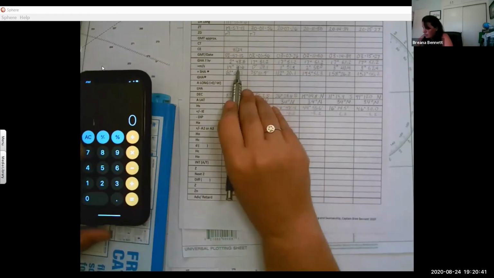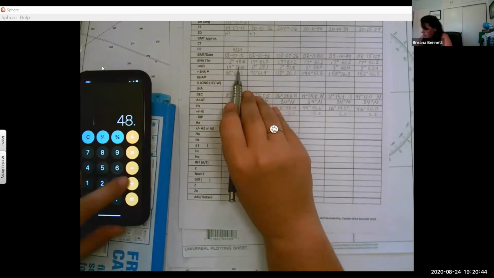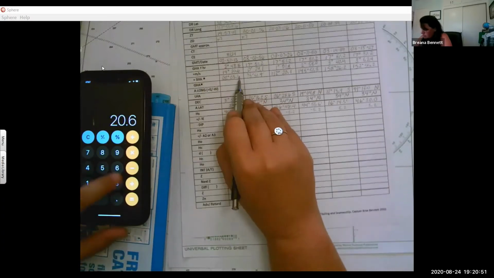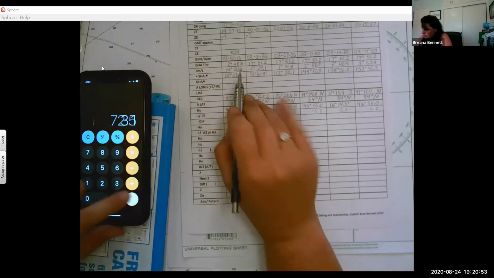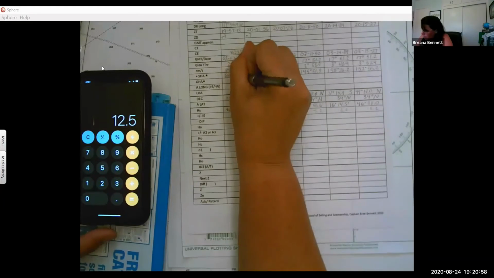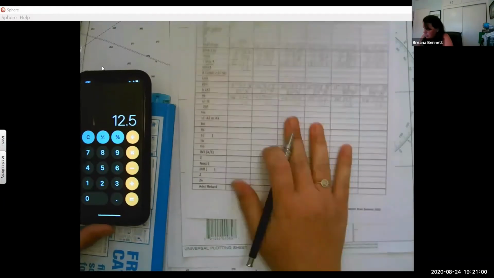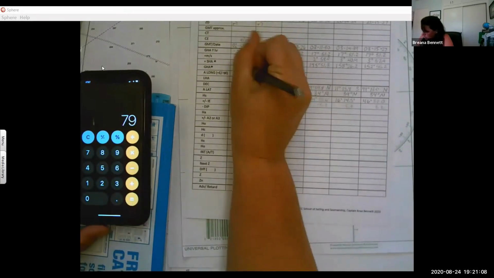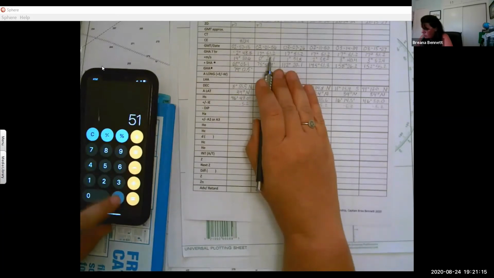So I have 48.8 plus 20.6 plus 3.1 minus 60 gives me 12.5. Carry the 1. I have 3 plus 14 plus 52 gives me 9 degrees, 12 minutes. Right, next one, 51.2.